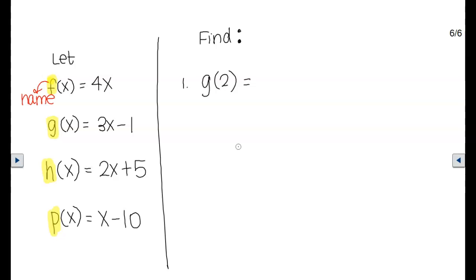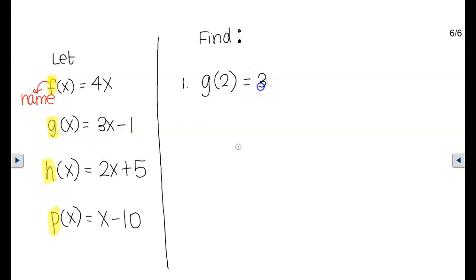Now, here's what this is saying. Listen carefully. Look at this and make sure you understand what it's saying. When it says to find g of 2, that means use the function named g. So I'm using this one. And I'm going to input a 2 for his x.